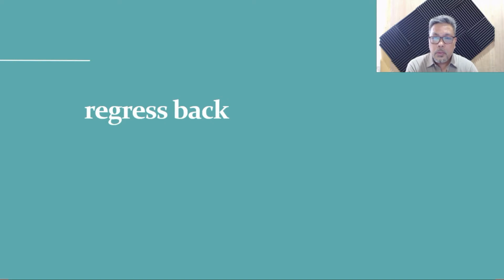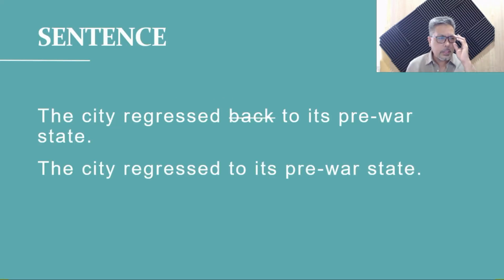Because if you look at the meaning of regress, it means to go back to a previous state. It's like revert. Okay, so with the definition of regress, the word back is no longer necessary there, right? So you just say regress. We're using it here as a verb. Let's have a sentence. The city regressed back to its pre-war state.